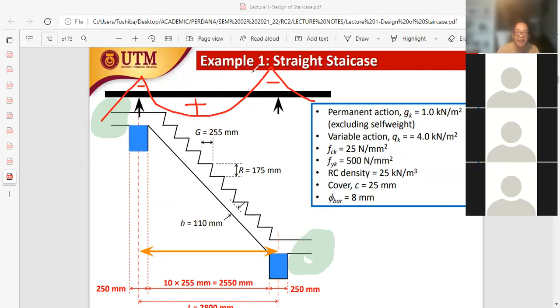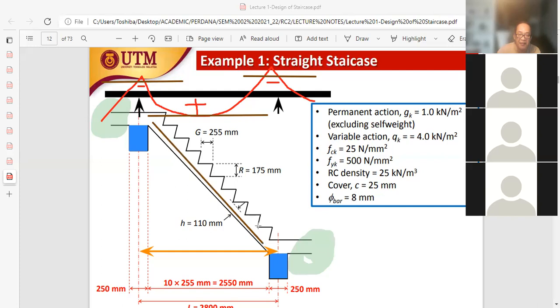Meaning that if this is our negative bending moment, clearly we would need top reinforcement on the left, top reinforcement on the right, over the supports, okay, over the supports, and bottom reinforcement between the two supports. Between the two supports we would need bottom reinforcement. Okay, so between A and B, between the supports, we will need bottom reinforcement.